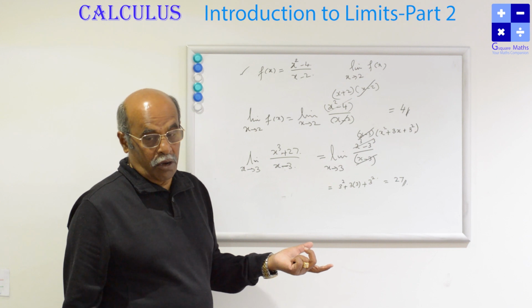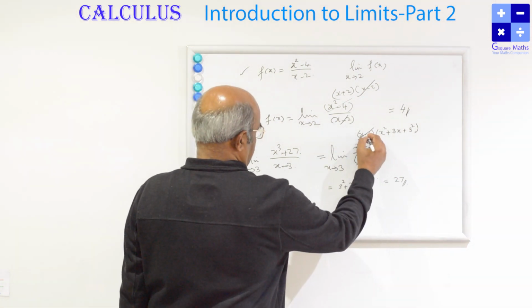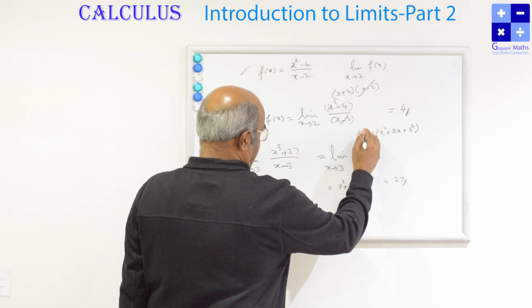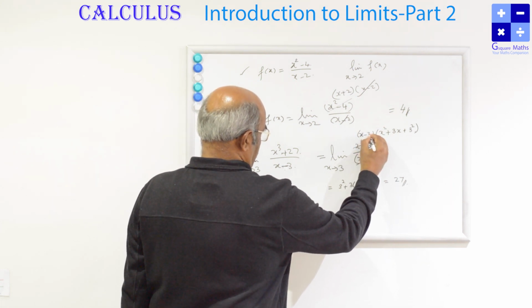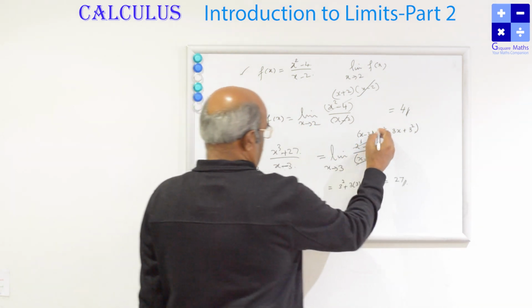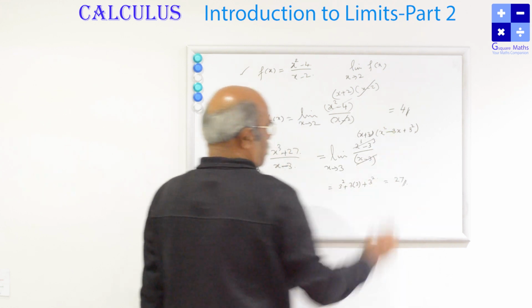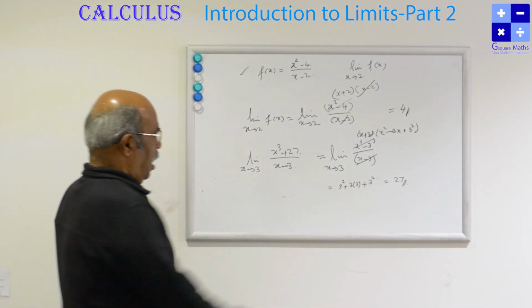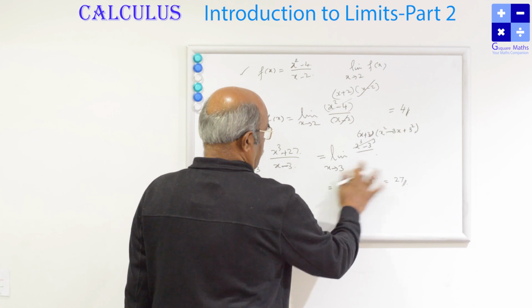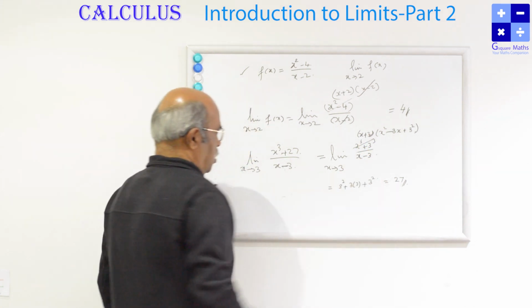We have to try to cancel the common factors out, if at all there exist any. I made it very clear, if at all there exist. So (x cube plus 27) by (x minus 3).